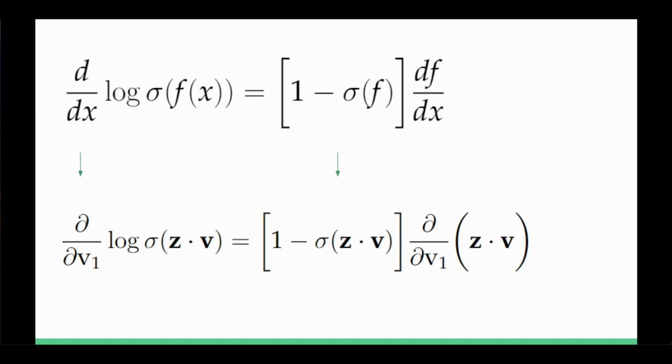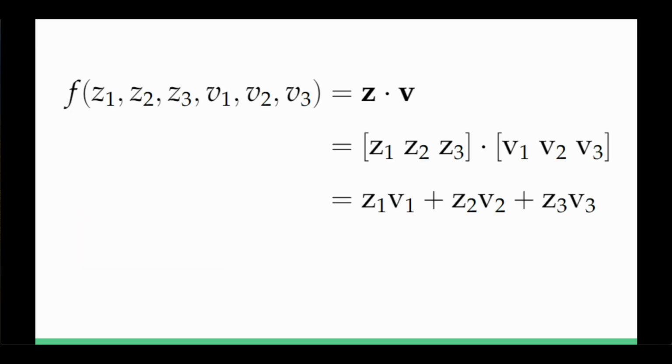We'll substitute x with v1, the first component of v, and for our function, we'll choose the dot product between v and z. Let's assume for simplicity that z and v are 3-dimensional vectors. Then, when we work out the dot product between z and v, we get a simple sum involving the vector components. We see that f, which is the dot product, is a valid function.